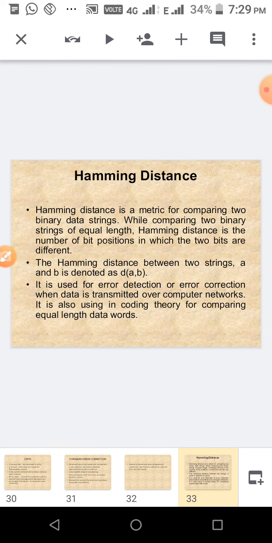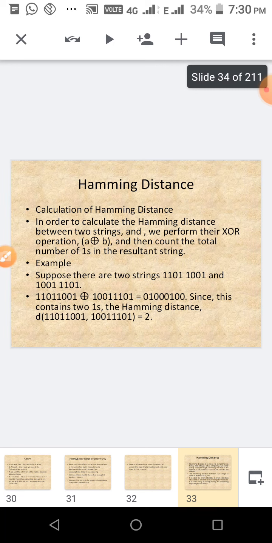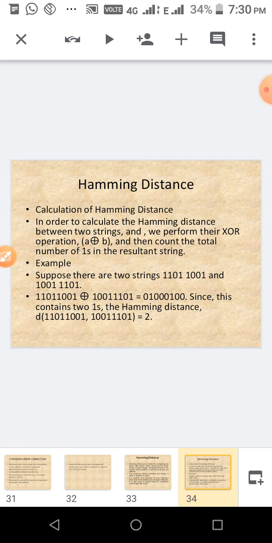For example, A and B are two binary numbers. How will we find the Hamming distance between the two numbers? Consider the numbers in the last paragraph: the two binary numbers 11011001 XORed with 10011101. In XOR, wherever the same digit occurs the result is 0, and different digits give 1. The first bits 1 and 1 give 0, the second bits 1 and 0 give 1, then 0 0 gives 0.